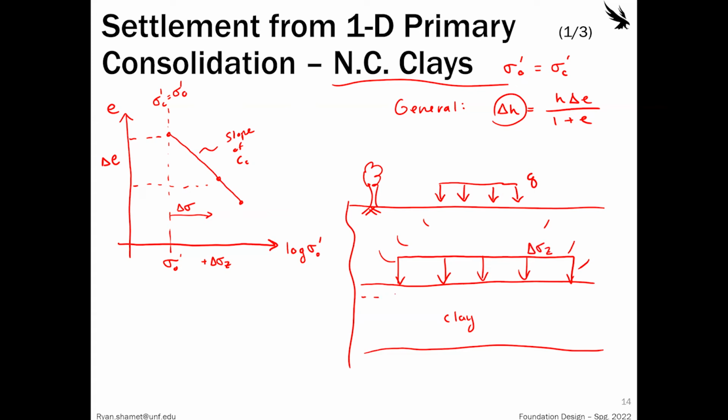And we could probably expect, just like the soil sample in the lab, that this would also respond by a delta H. So this clay sample obviously is going to have a void ratio. It's going to have consolidation parameters. And we can find the effective stress at the middle and also use that.